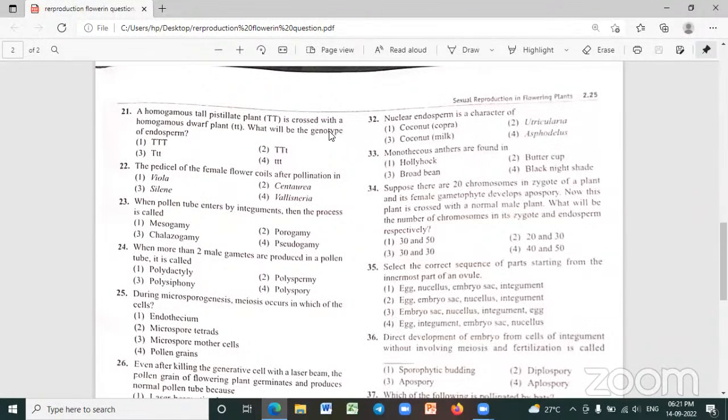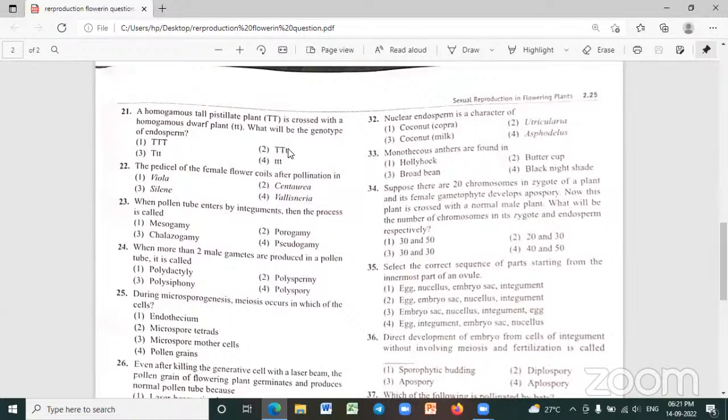So what will be the genotype of the endosperm? In the endosperm, both characters will be present. Always, a pure recessive character is not possible in the genotypical aspect; in the endosperm only the dominant character is present. So this is not possible, because all are tall. There is no hybridization, isn't it? The cross with the homozygous dwarf plant, what will be the genotype of the endosperm? This is not possible.